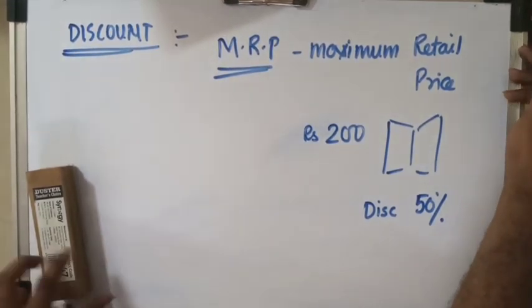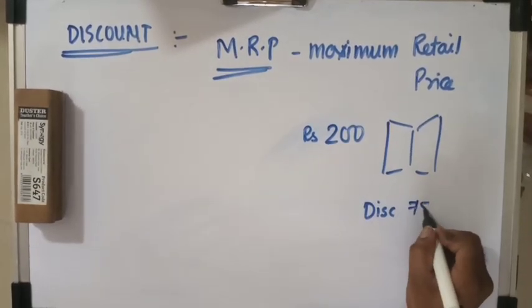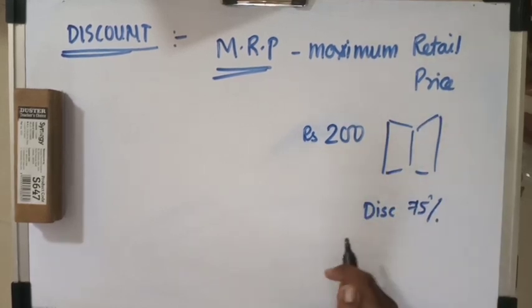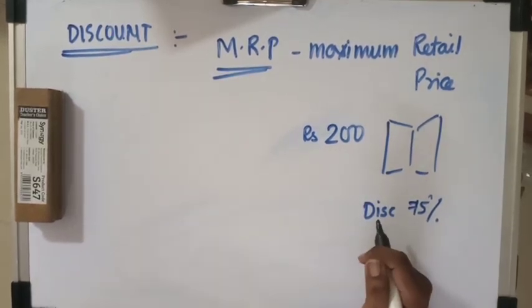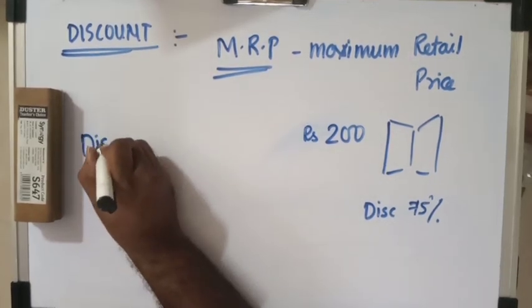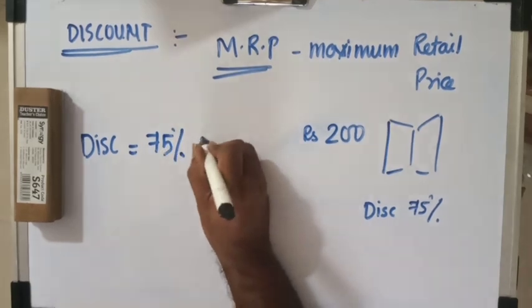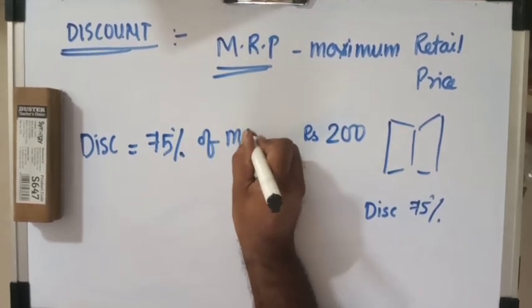But children, say if instead of 50 they have given you 75% discount, so how do you calculate the discount that you got? Okay, so 75%, that means how do you calculate discount? Discount is nothing but you got 75% of the MRP.